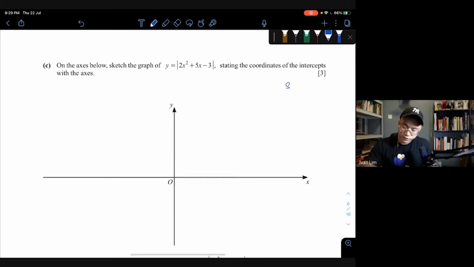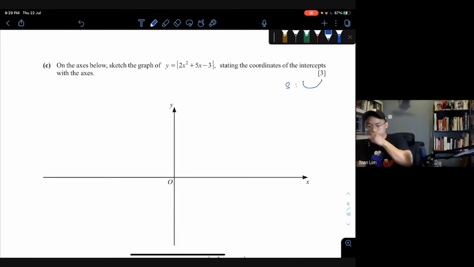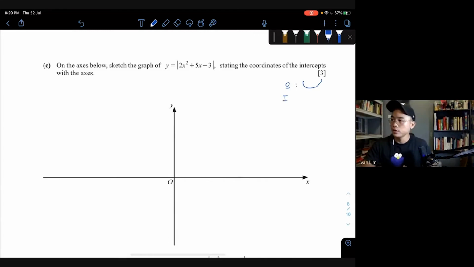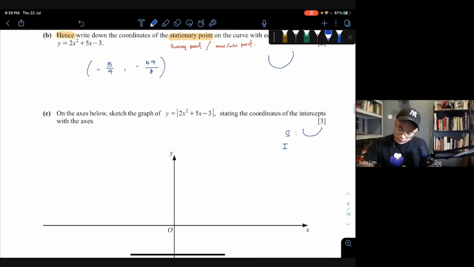So S, you have a happy face because a is positive. Intercepts: you need to find your intercepts. Do you find them from above? No, right? So you have to factorize it. 2x squared plus 5x minus 3 equals 0.